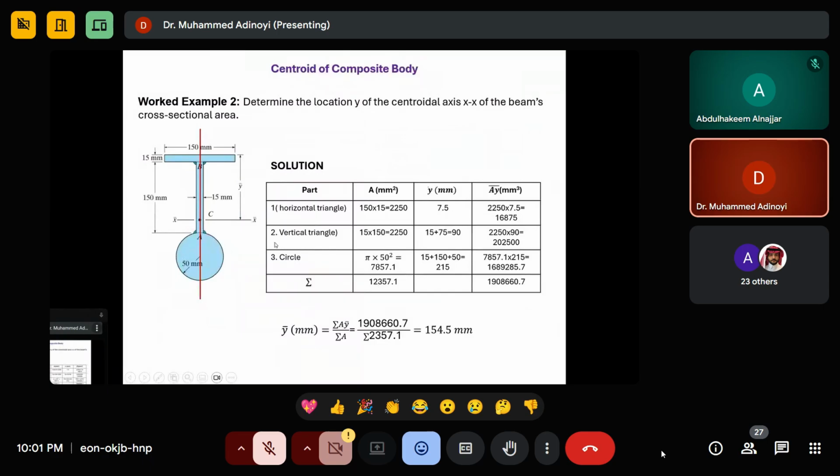So how many shapes do we have here? 3 shapes. I decided to make everything very clear. Horizontal triangle, this one. The vertical triangle, this one. And then the circle. What is the area of a triangle? The area of a triangle is 150 multiplied by 15, I have this. The same thing for here, 150 multiplied by 15.